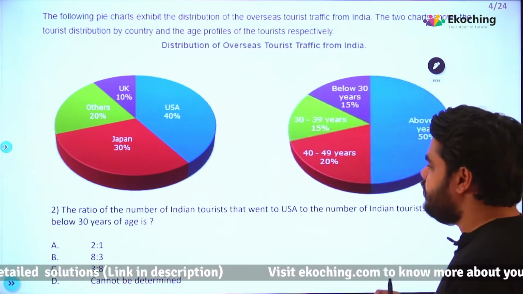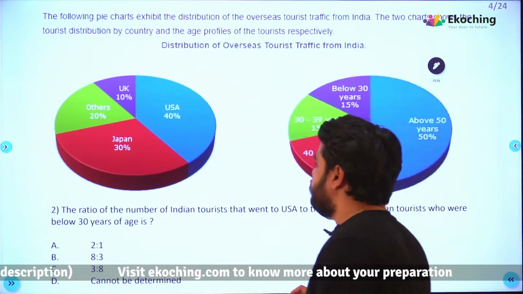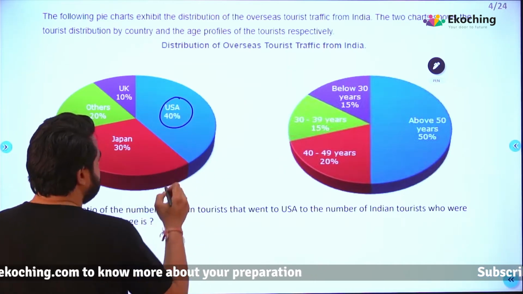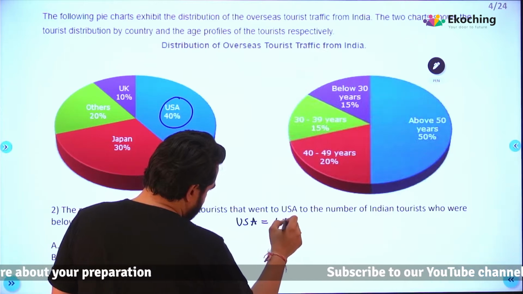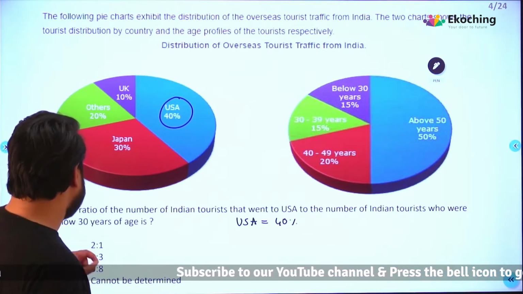The ratio of the number of Indian tourists that went to USA. So what is the percentage of the tourists who went to USA? That is 40%. To the number of Indian tourists who were below 30 years of age.